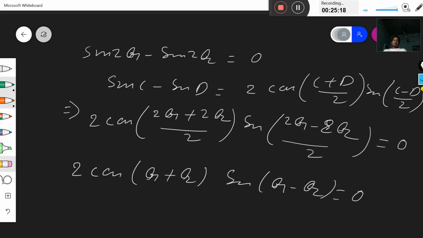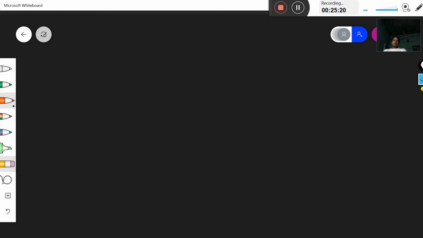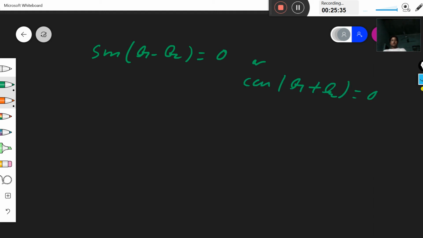This equation is true when sin (theta 1 minus theta 2) equals 0 or cos (theta 1 plus theta 2) equals 0. If sin of the difference is 0, the difference is also 0. It implies theta 1 equals theta 2.